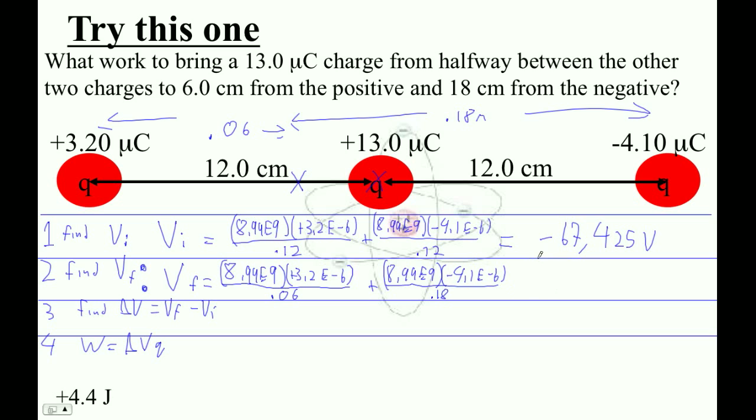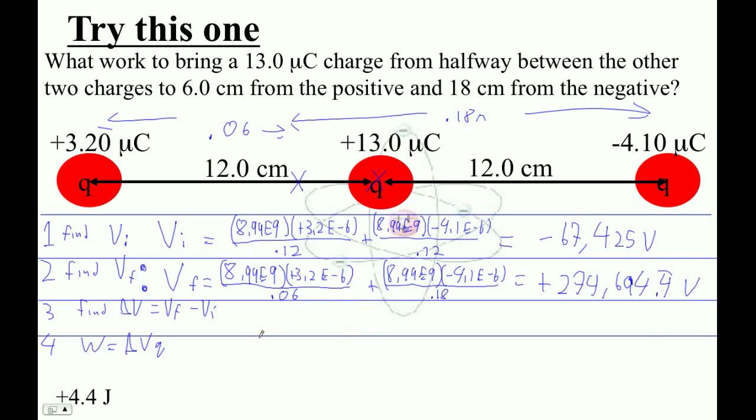The other one was negative. This one's a big positive number. Wow, 0.06, 8.99. Yeah, I got it right. Okay, so this is positive 274,694.4 volts.